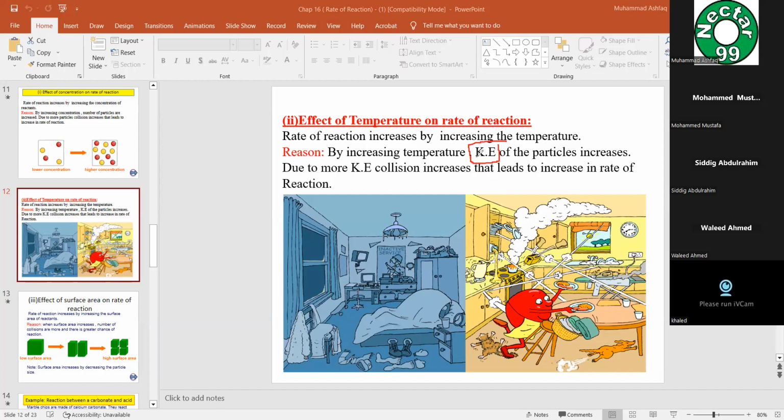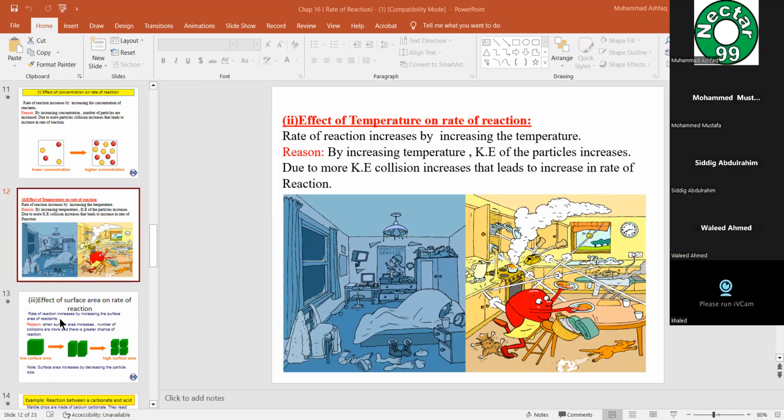When the kinetic energy increases, collisions increase, and we can get more effective collisions that also lead to an increase in the rate of reaction. So by increasing temperature, the kinetic energy of the particles increases. Due to more kinetic energy, collisions increase, which leads to an increase in the rate of reaction. Everyone understand? Okay.